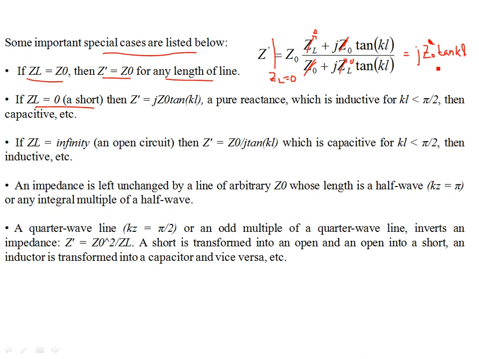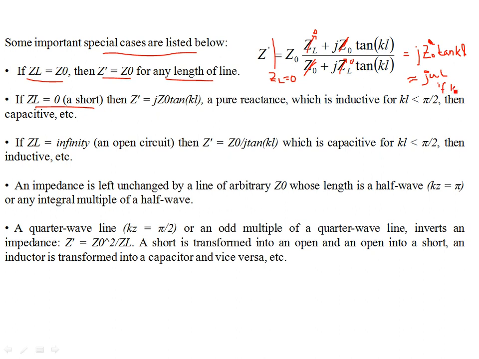Anyway, what I'm trying to say is, does this look like j omega L? Would you consider this to be inductive reactance? The answer is partially yes and partially no. This line will behave as an inductor if KL is small.